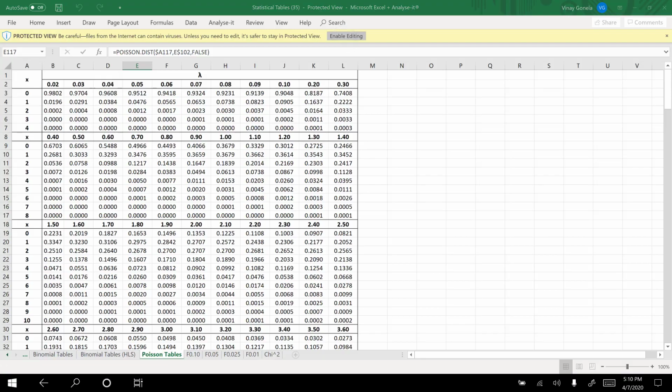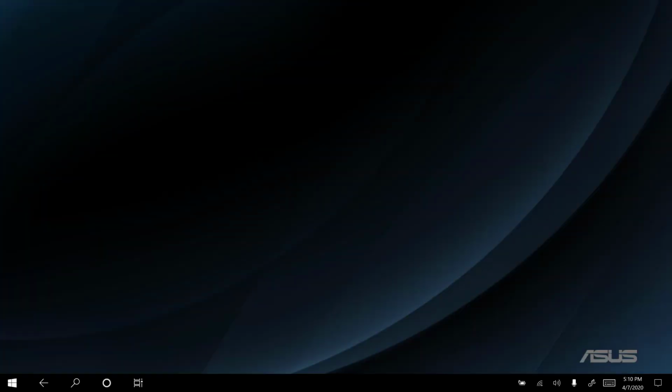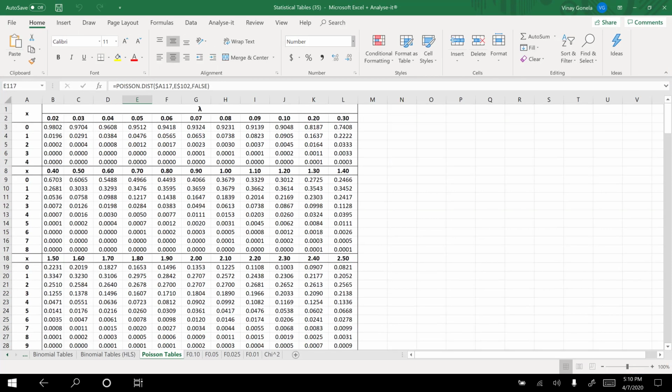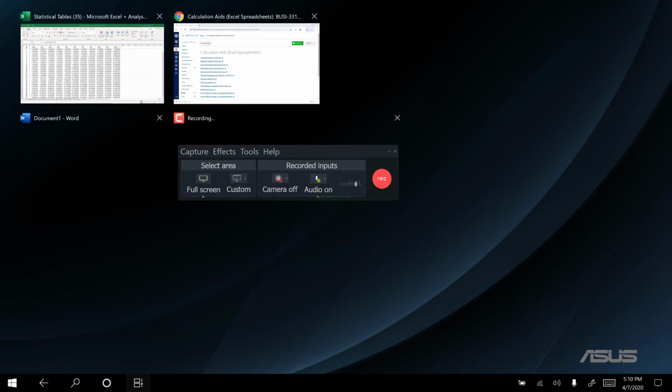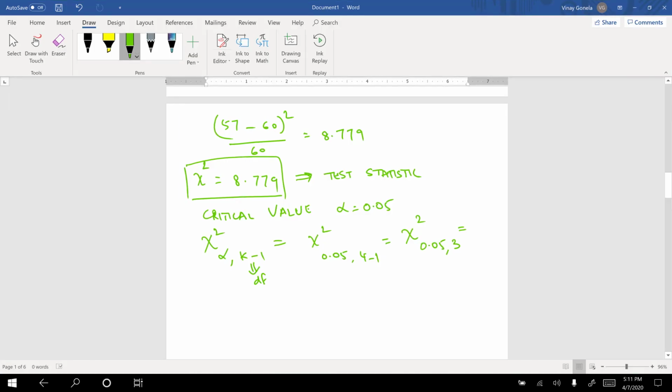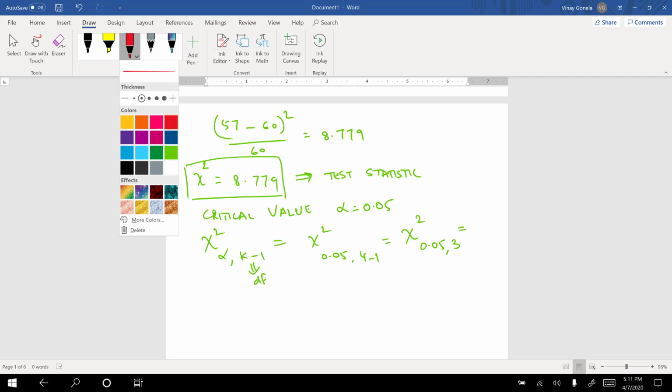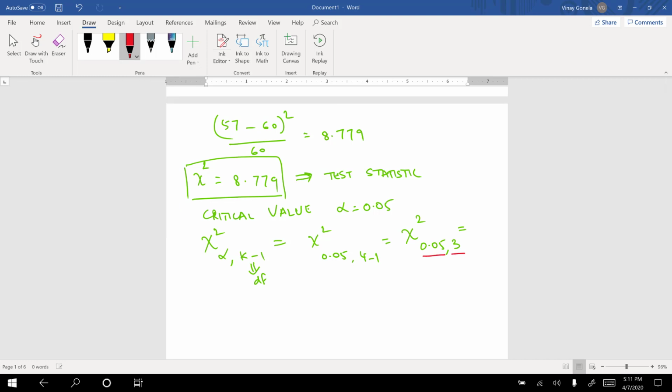So now we have this, we are going to go to the chi-square chart and look for chi-square at 0.05. Let's look at what value they are asking us again: chi-square 0.05 and degree of freedom 3.